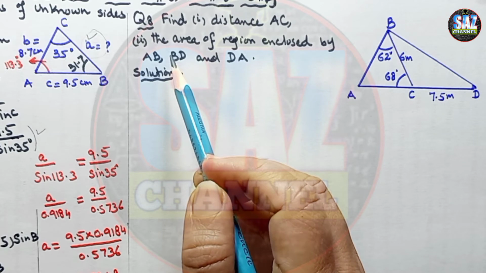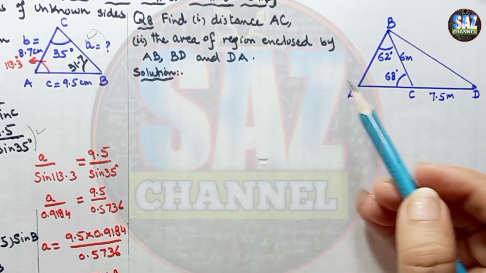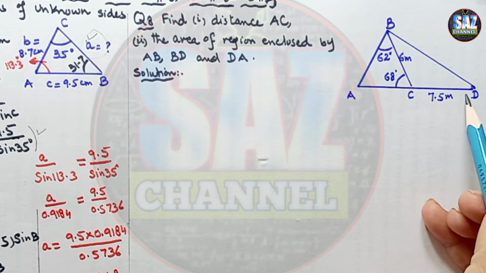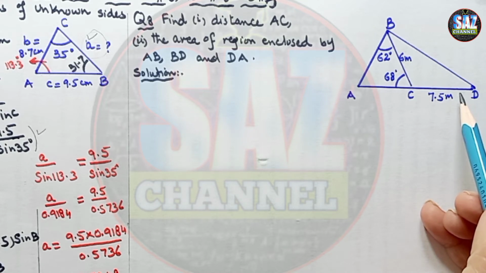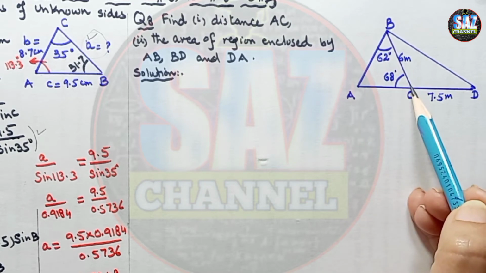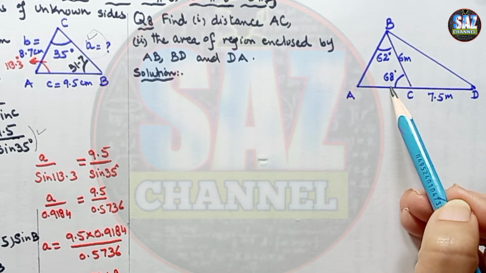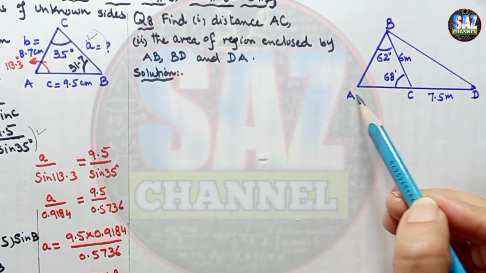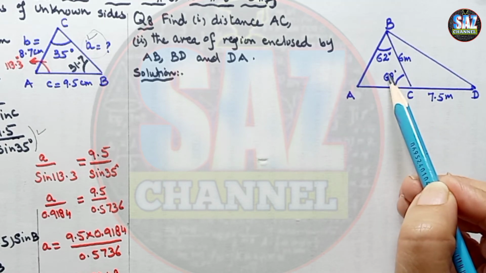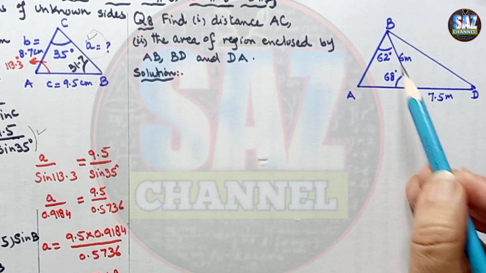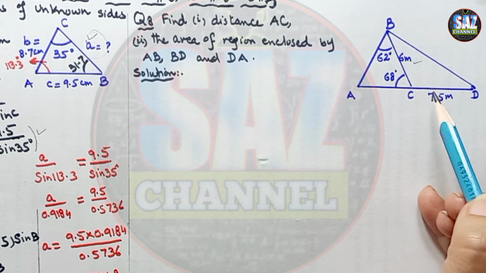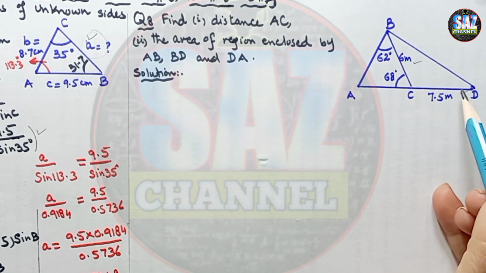Let's read the question from the book. Question says, in the figure ACD are the 3 points along the straight road where angle ABC equals 62 degrees and ACB equals 68 degrees, and B to C distance is 6 meters and C to D is 7.5 meters.